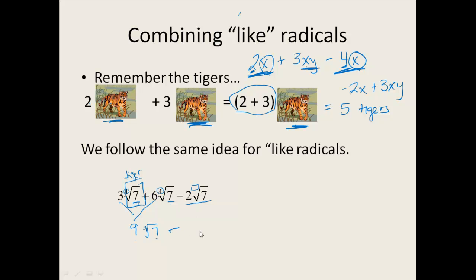Then this square root of 7, I don't do anything with. I just write it out as minus 2 square roots of 7. So when I combine these like terms, I would have 9 fourth roots of 7 minus 2 square roots of 7. So combining like terms when we have addition and subtraction is different than when we do multiplication and division.